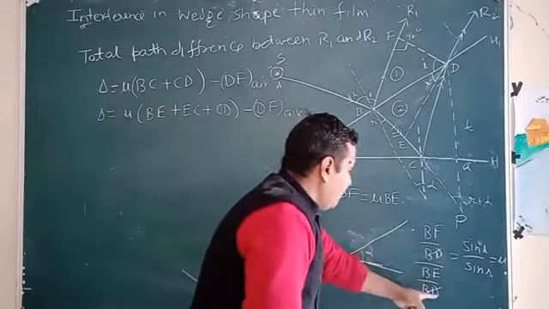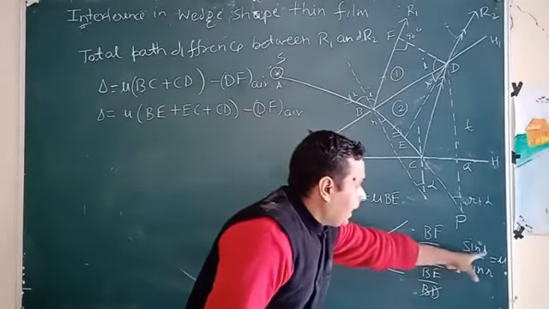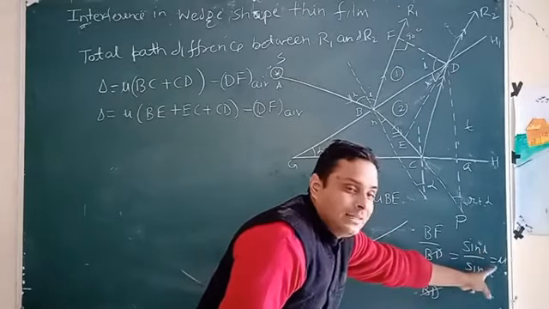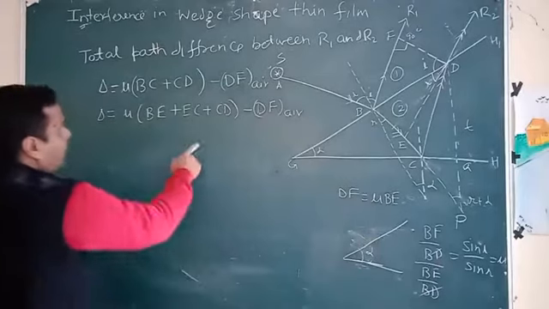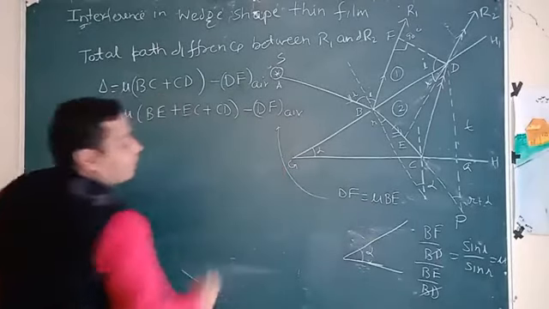According to Snell's law, sine i upon sine r is mu. So BF is equal to mu BE; put this value in.